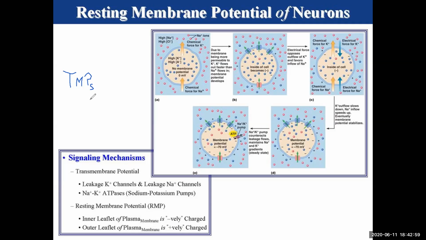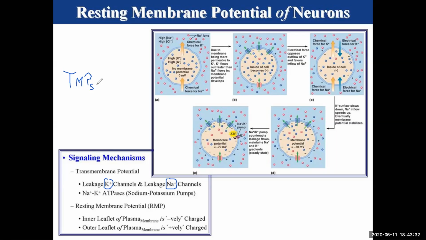So these transmembrane proteins act as channels, and they're called leak channels. They can leak potassium, they are permeant to potassium, or they can leak sodium. So we have two distinct types of transmembrane protein. One is specifically leaking potassium, one is specifically leaking sodium.